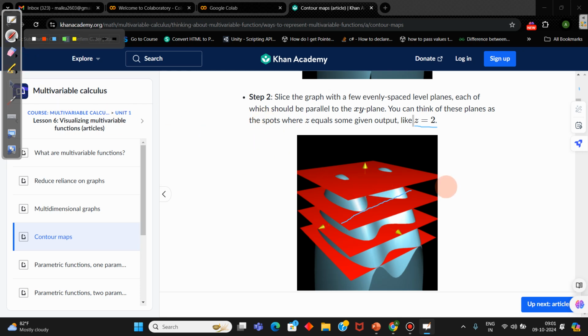So a number of different z values are taken, say from z equal to minus 2, minus 1, 0, 1, 2, in this graph as an example, and we take only that portion of the graph which is on this curve.